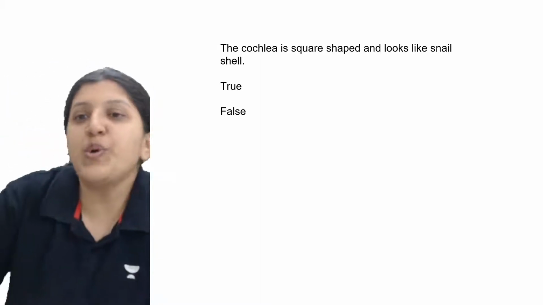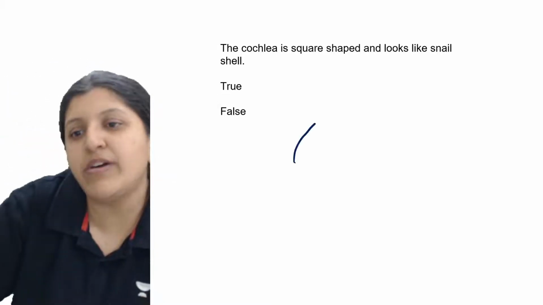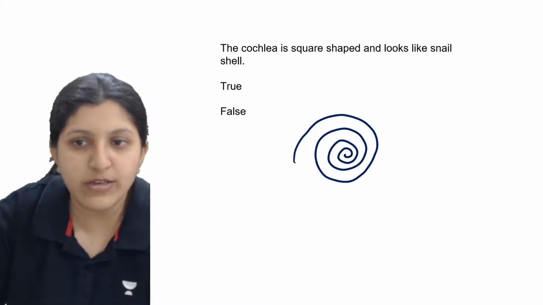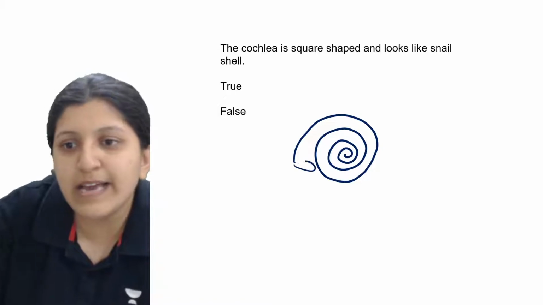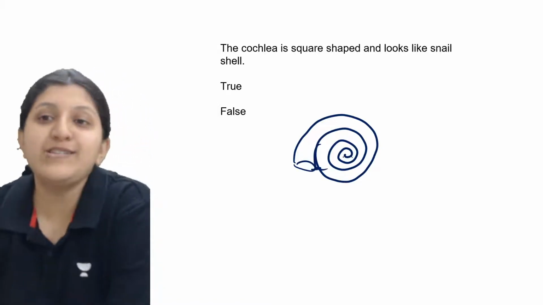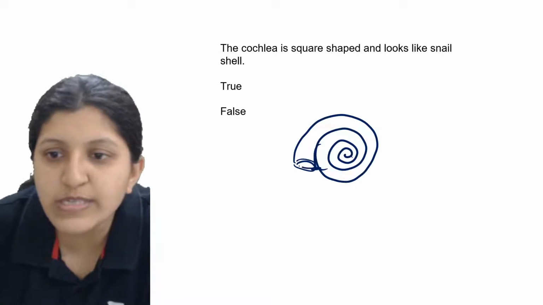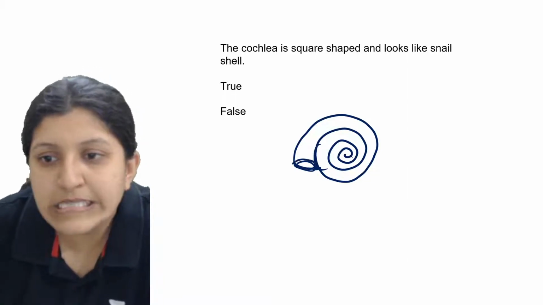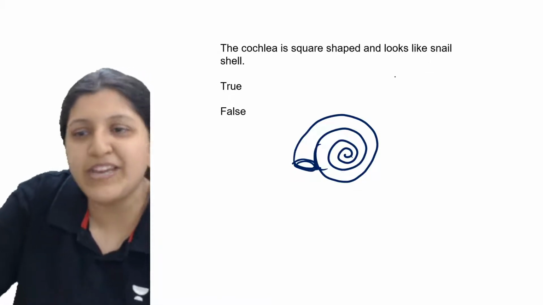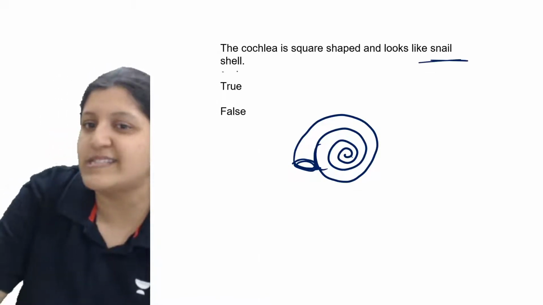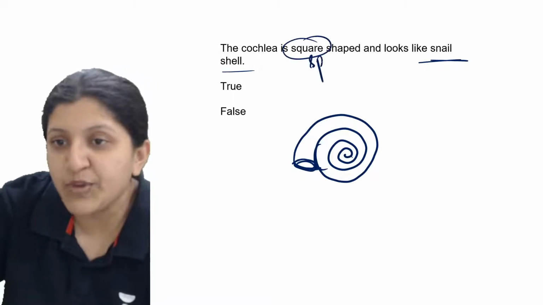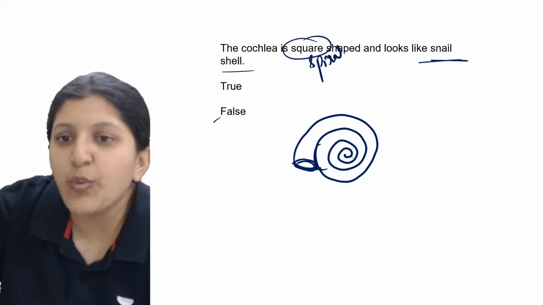As you have observed, the cochlea is basically a spiral structure, and this spiral structure is snail type. We can say it is partially true, but that option is not there. It looks like a snail shell, that's right. It is not square, it is spiral, so that's the reason we go with false here.